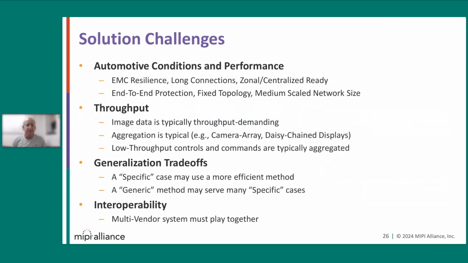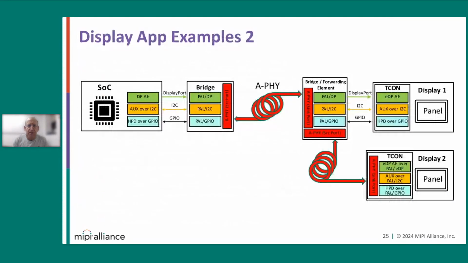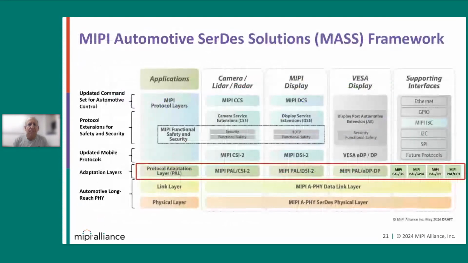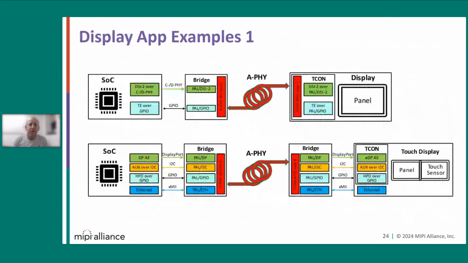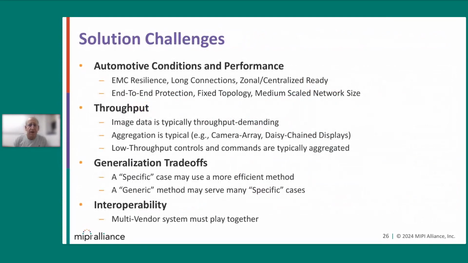But now, if we are speaking of the horizontal level of adaptation layers, we can maybe think of things that are common, or challenges to any adaptation layer. First is the automotive condition and performance, because the task here is to assist or provide ways to implement applications for automotive.